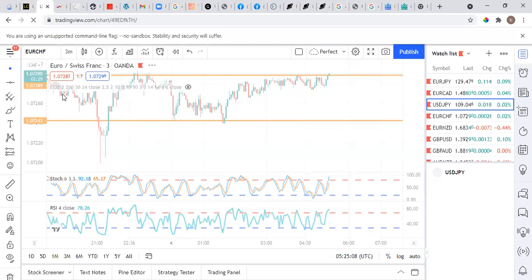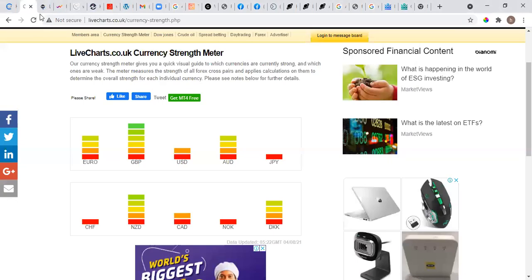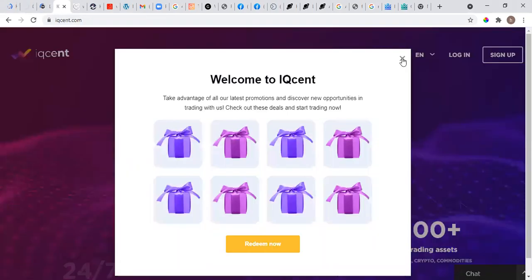I'm trying to refresh this thing. I don't know, maybe it's the network. Somebody asked a question, how do I know if a market is spiky?